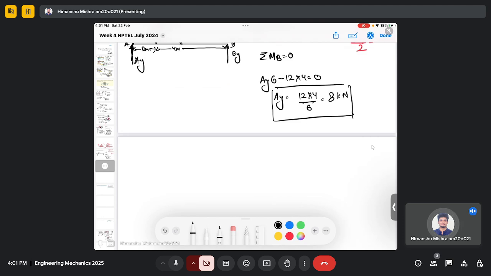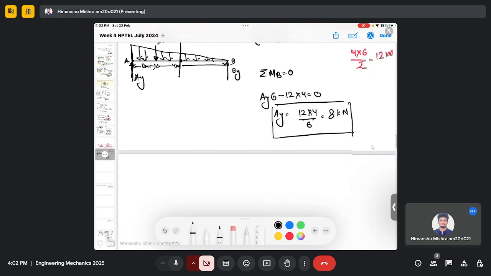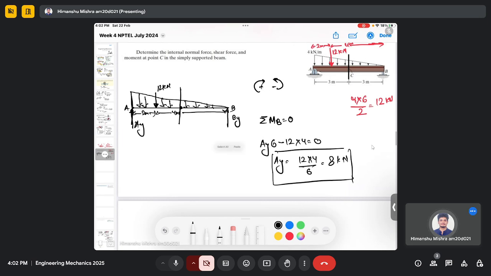Now we need to find the force at point C. So we will make a cut along point C. Let's say this is my C. Then I will consider the right hand side of this beam, because if I consider the right hand side I will still have this triangular loading.